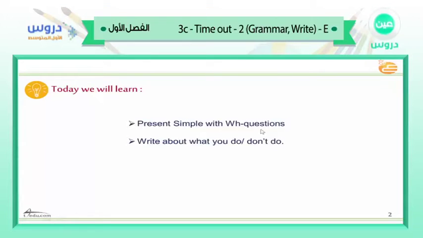The second thing, we will write about what you do or don't do. So we will write a paragraph, or small sentences, about what you do, and other small sentences about what you don't do. What are the other things that you don't do.